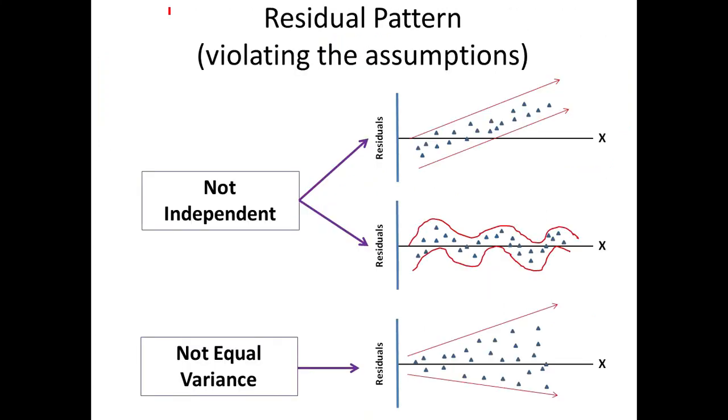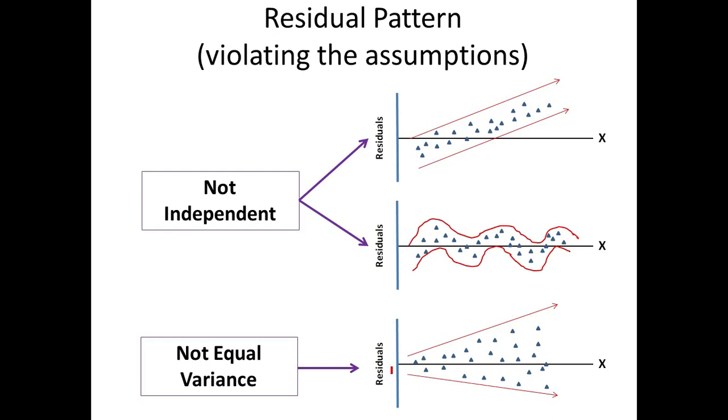Finally, I would like to show you some patterns of residual plots which indicate violation of assumptions. First, if we see a kind of trend pattern, and second, a cyclical pattern, an up and down pattern, these two indicate that the error or the residuals are not independent.